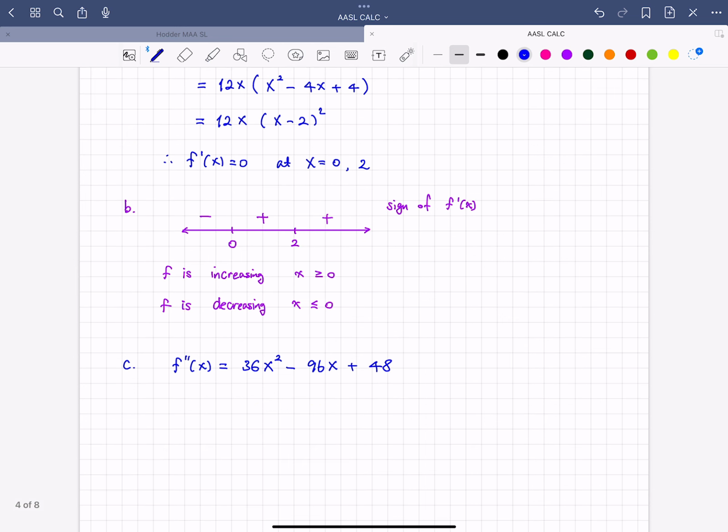And I think I can factor out 12. That's 3x squared minus 8x plus 4. And I should be able to factor that out as well.